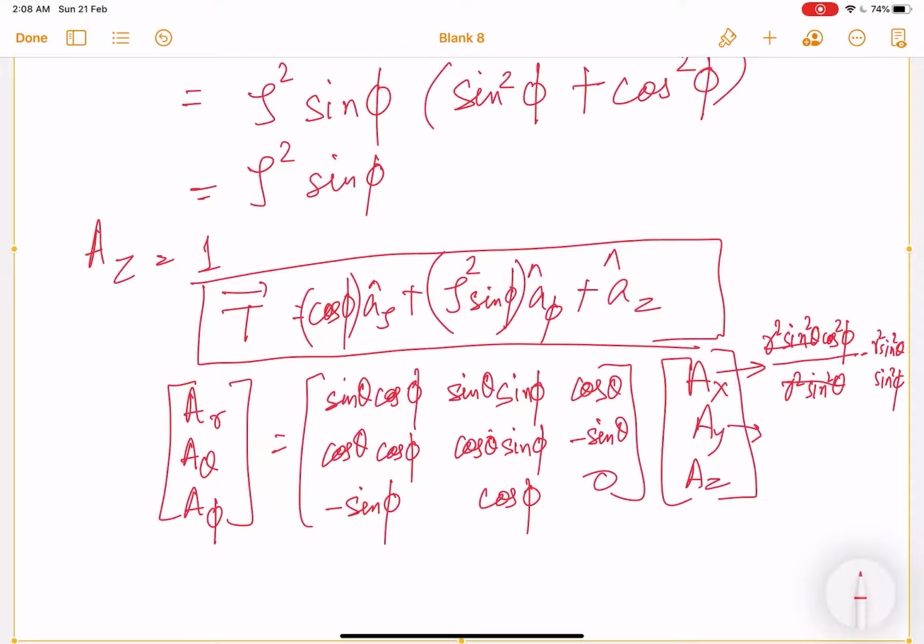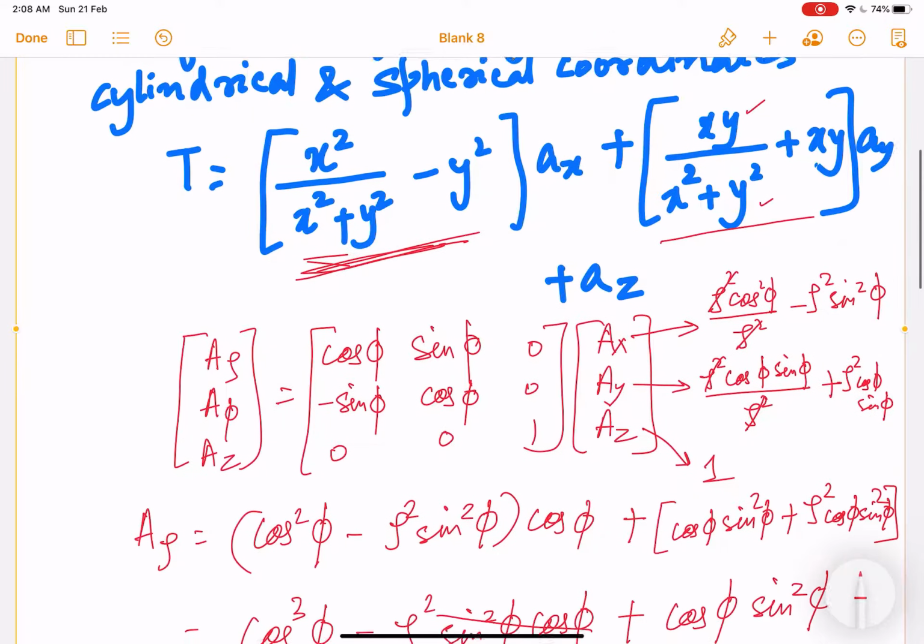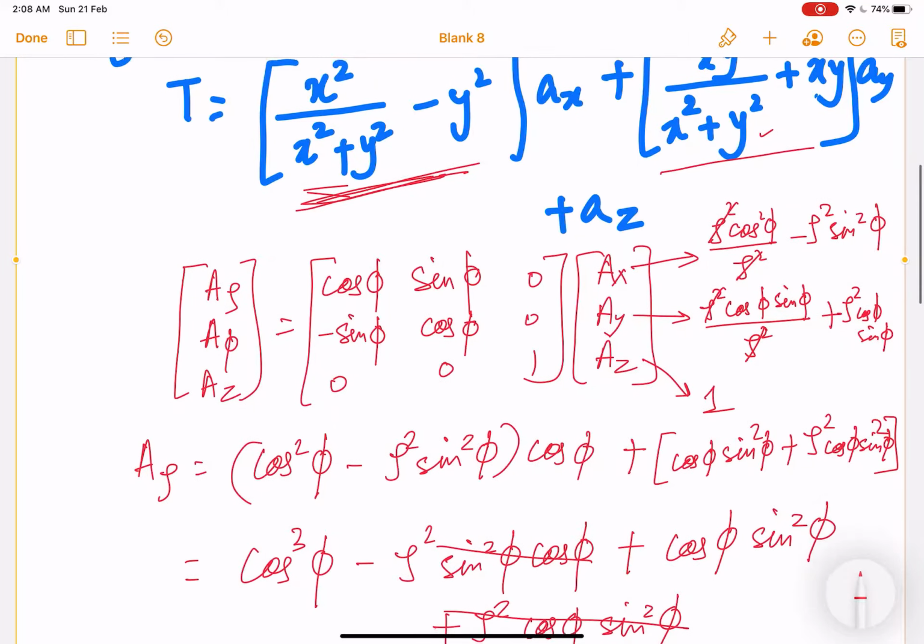Write it neatly so that you can understand. The next term was xy divided by the same denominator.